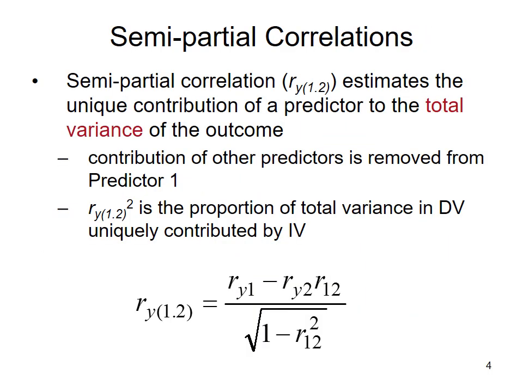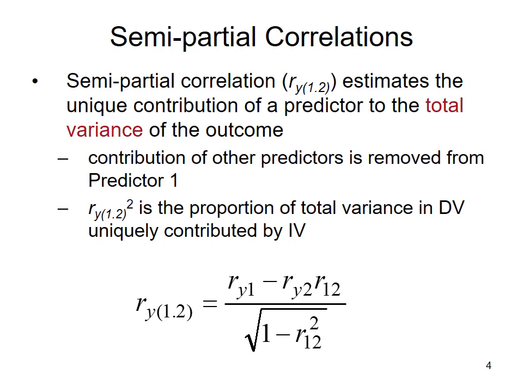So just to put that into words, a semi-partial correlation or part correlation estimates the unique contribution of a single predictor to the total variance of the outcome. The contribution of other predictors is removed from predictor 1, but it is still included in the total variance.